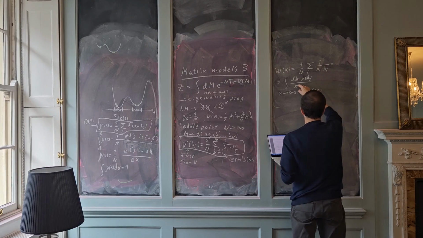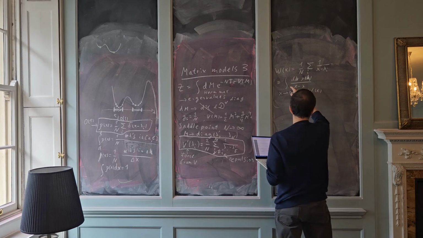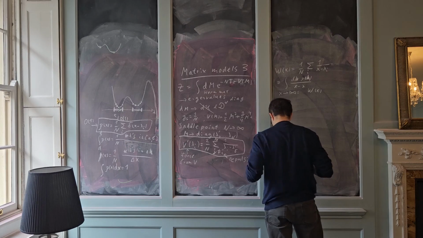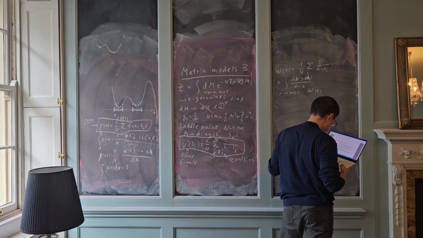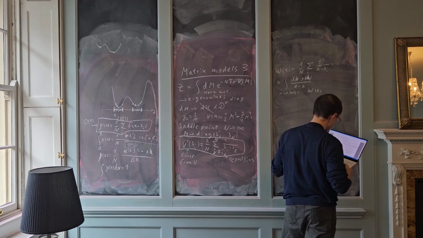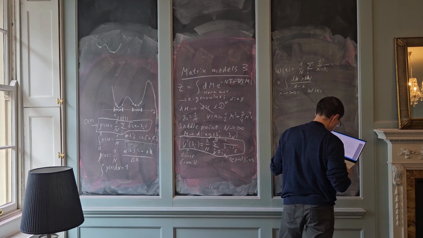At large x, this will be 1 over x times the integral. Actually, it could be that the sign is wrong. One second, let me double check. I put the most standard definition. I'm a bit worried about the sign. Probably it should be the opposite sign.